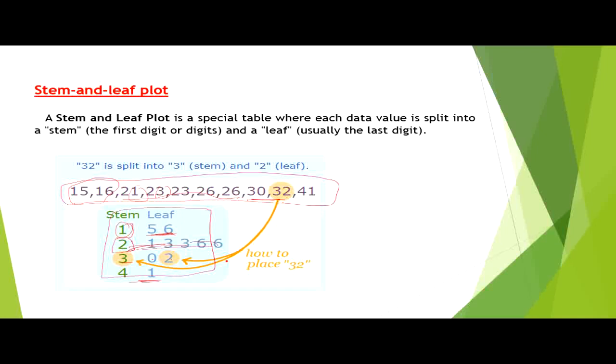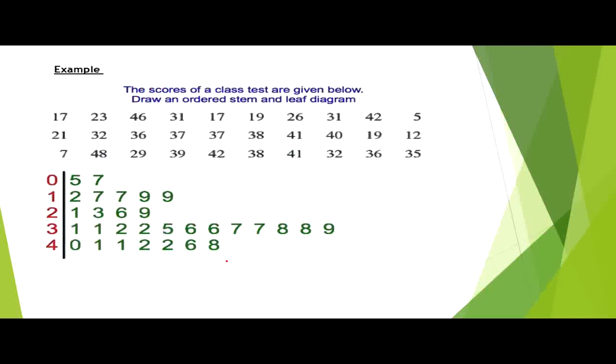We have a different example as well. You can see this. The scores of a class test are given below, and its stem and leaf diagram is also given. See, the data are scattered, so you just check what is the minimum value. Is it 7? Is there any other value lesser than 7? Just 5. These are lesser than 10, so it starts with 0: 5 and 7, only 2 data.